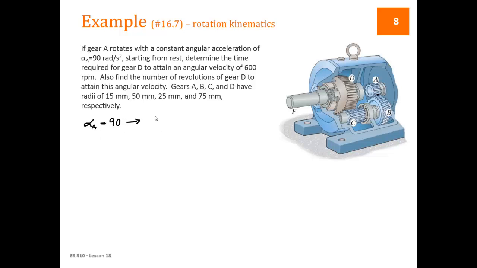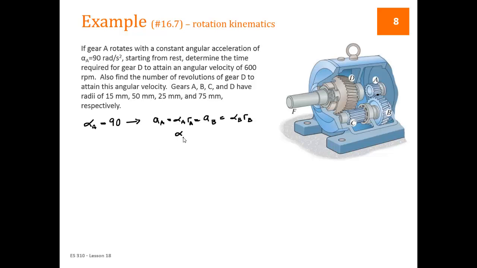So knowing alpha A, we can find the acceleration of a point on the outside edge of A, where it's meshed with B. So the acceleration of A is going to equal alpha A times r. And the acceleration of that point is also going to be equal to the acceleration of the outer point on B, which is equal to alpha B times RB. This is RA. All right, so that will allow us to find alpha B.